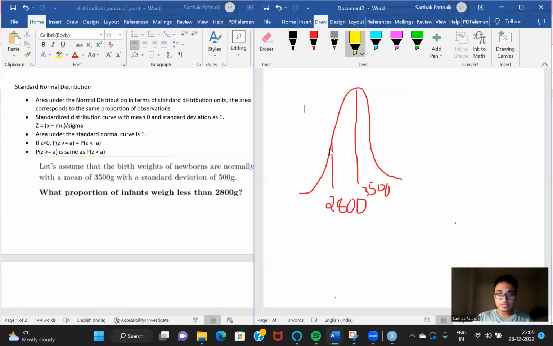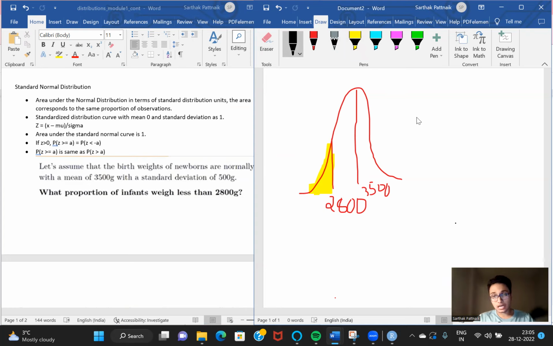We need to calculate this area. So again, the proportion to the left of 2800 is what we need to calculate.